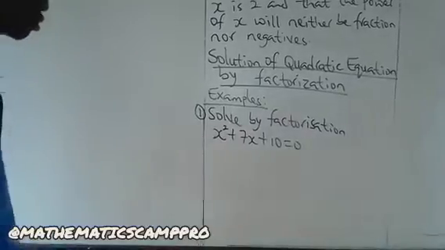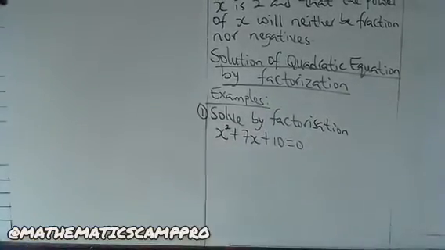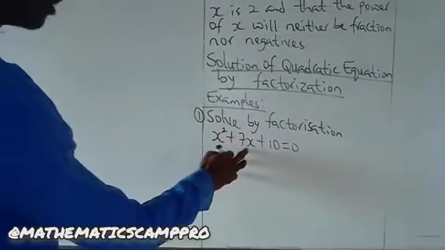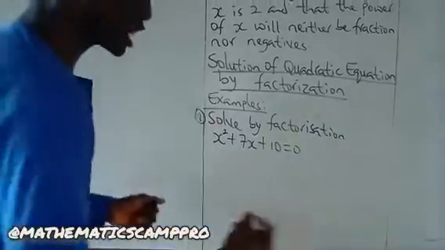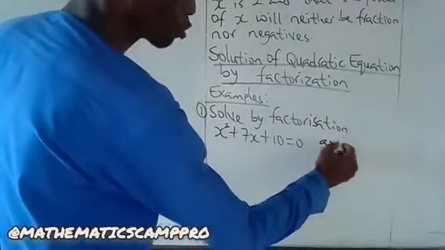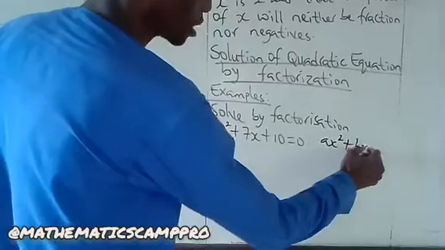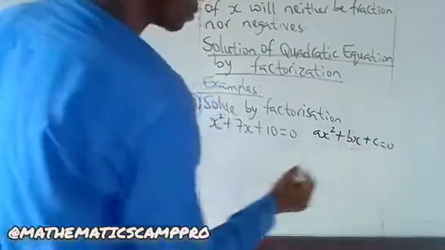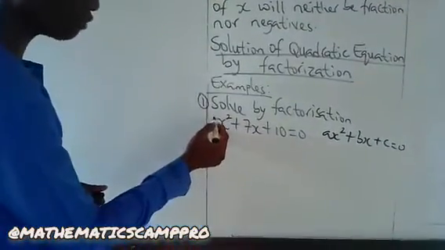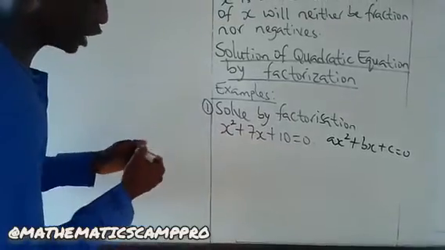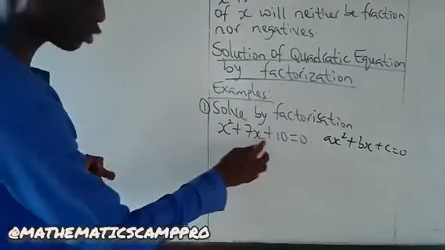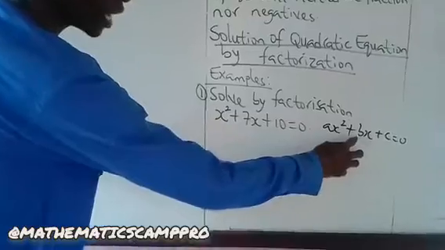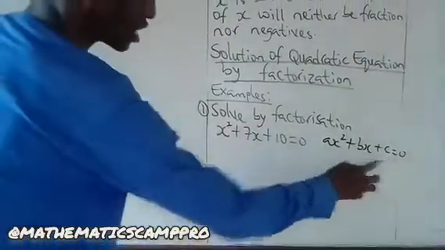Looking at this equation on the board, we have x squared plus 7x plus 10. When you compare it with ax squared plus bx plus c equals 0, your a, the coefficient of x squared, is 1, the coefficient b is 7, and c is 10.